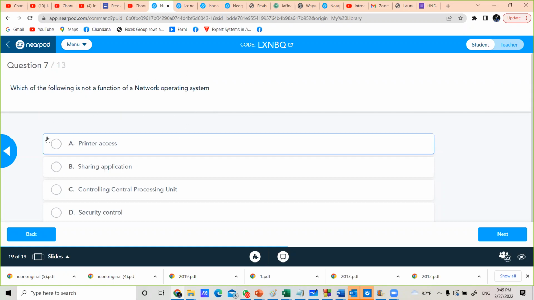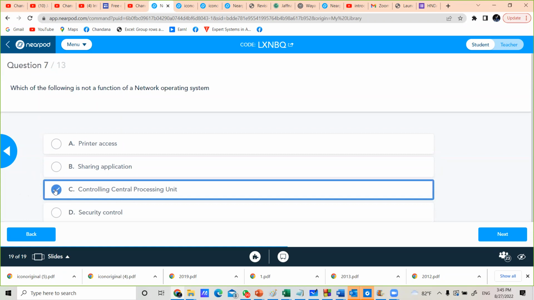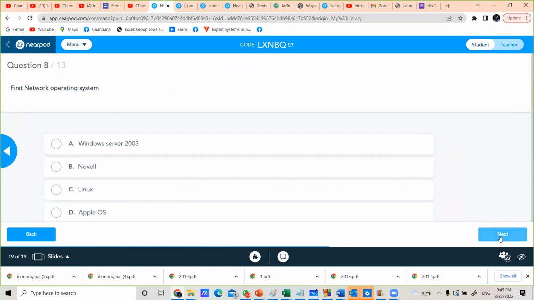Print access is a network function. Sharing application is also a network function. Controlling the central processing unit, that's the answer. The CPU is controlled by the normal operating system. The first network operating system was Novell.